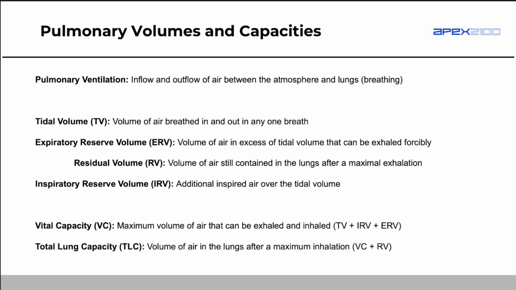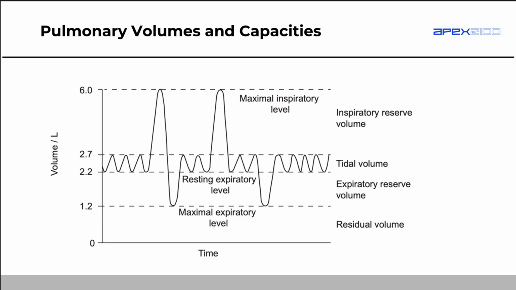So it's all of the air in my lungs after I take a massive breath in. If I breathe in as much as I can, that's going to be my total lung capacity because my residual volume's in there and my vital capacity is in there. So just remember, you can't use all of your total lung capacity because that would mean that you would have a collapsed lung.